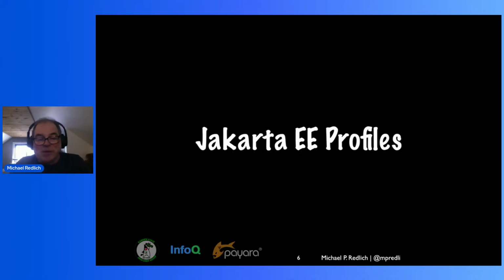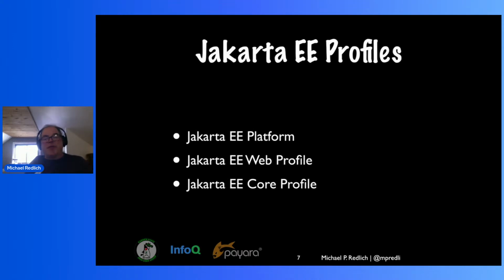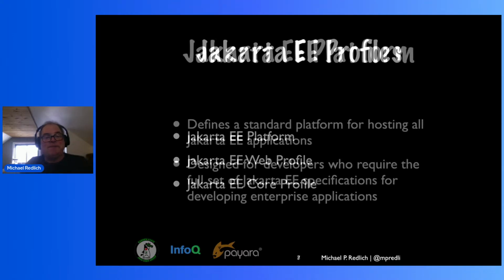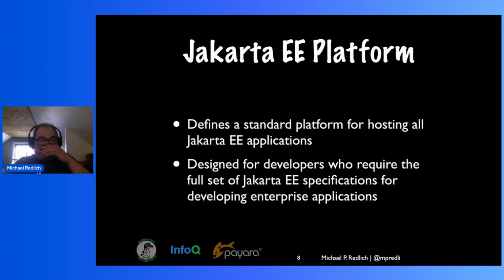All right, so now let's talk about the Jakarta EE profiles. So there are 3, and I touched on these in that first slide, and we'll talk about those individually. Essentially, the platform itself is hosting all Jakarta EE applications.